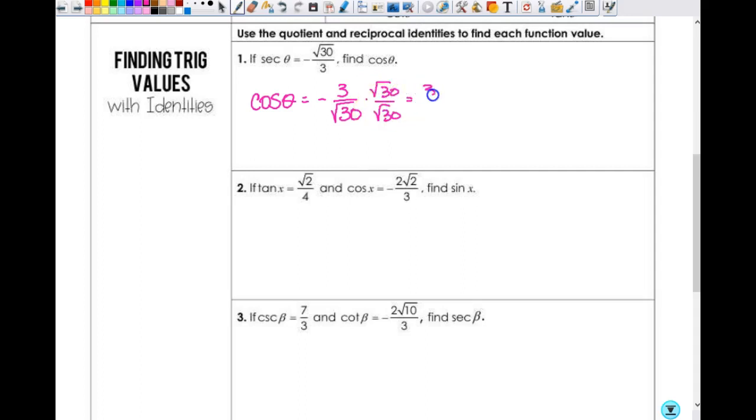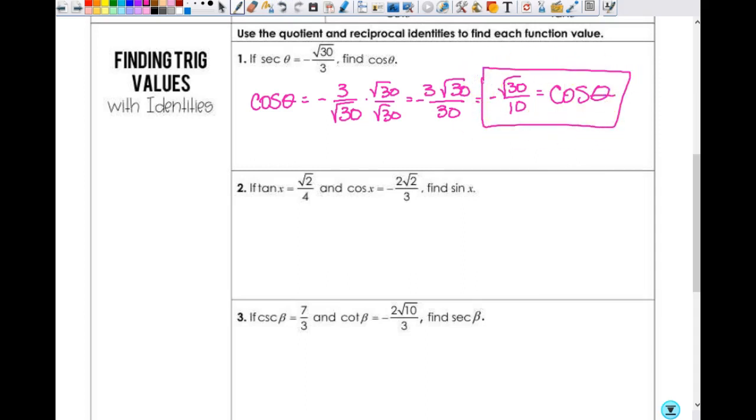So that's going to give me 3 square root of 30 over 30, and that's negative. And then can I reduce that? Yep, into negative square root of 30 over what? 10. So my cosine, instead of rewriting all of it, I can say that equals cosine theta. And we're done. So basically I just used the idea that those are reciprocals, and I figured out cosine. Easy enough?